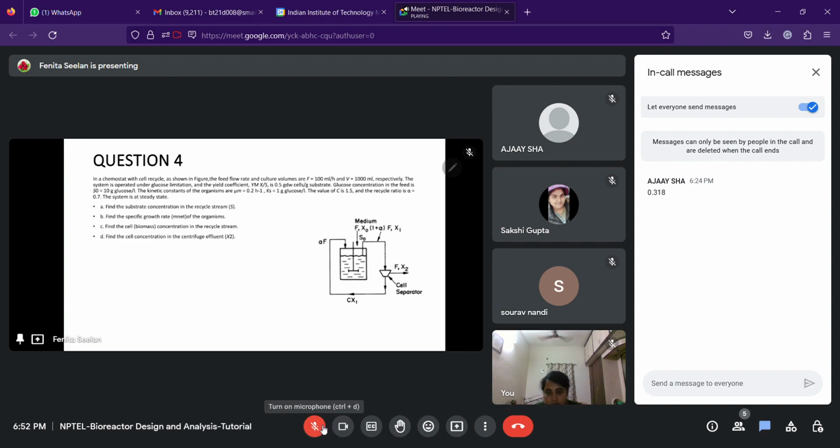So this is the fourth question. It is a chemostat with recycle, similar to your second problem. So please go through the question for 2-3 minutes, then we'll start solving the problem. In the meantime, if you have any doubts regarding the previously solved three problems, you can ask in the message box.